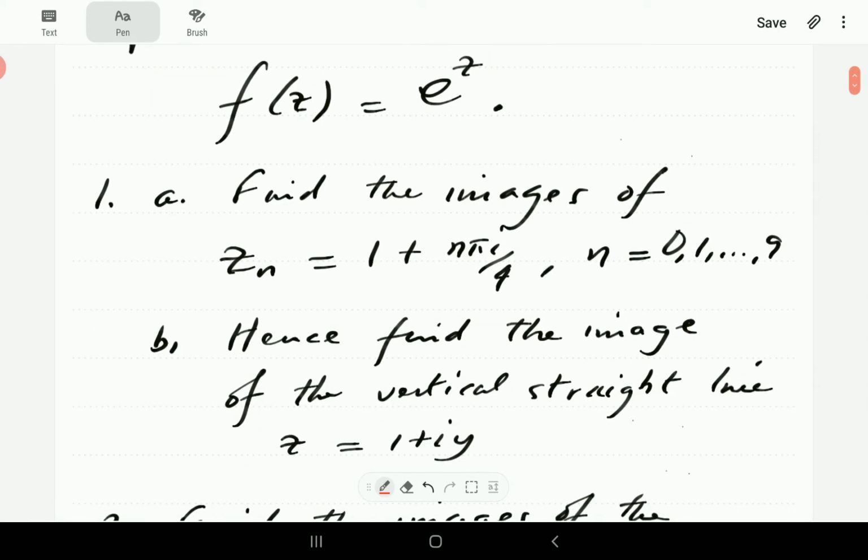So we found out all the images of these numbers. Next thing, what is going to be the image of the vertical straight line z equals 1 plus iy?